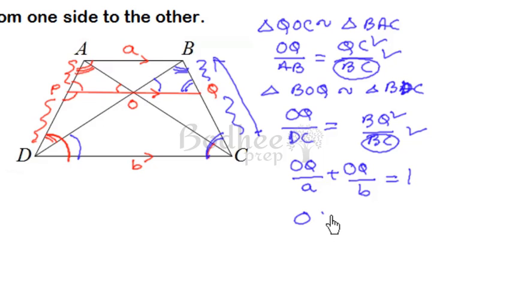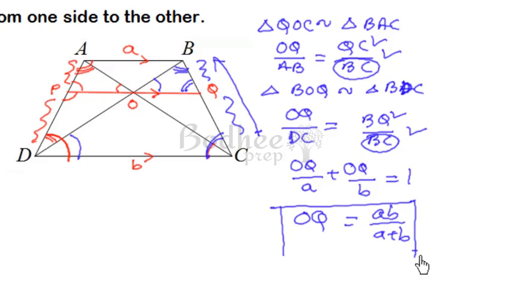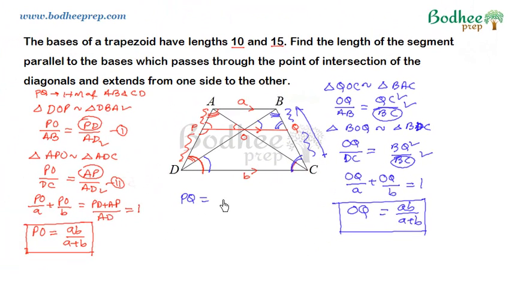So from this again we can write OQ as AB upon A plus B. Now we have the second part of PQ also, and we know that PQ is a straight line. So PQ can be written as PO plus OQ, both of them equal to AB upon A plus B. So it will be equal to 2AB upon A plus B. And that was my claim.